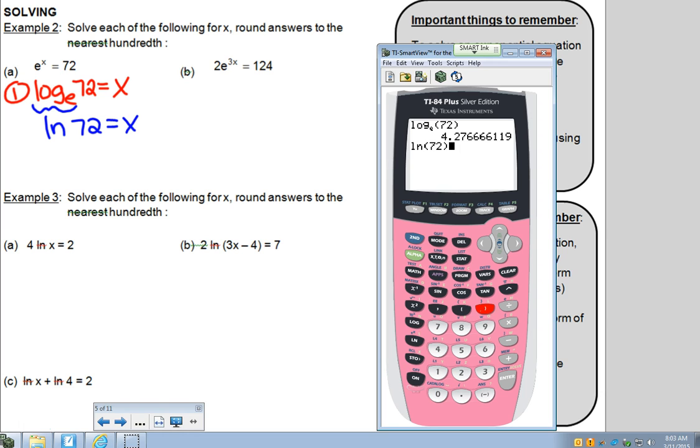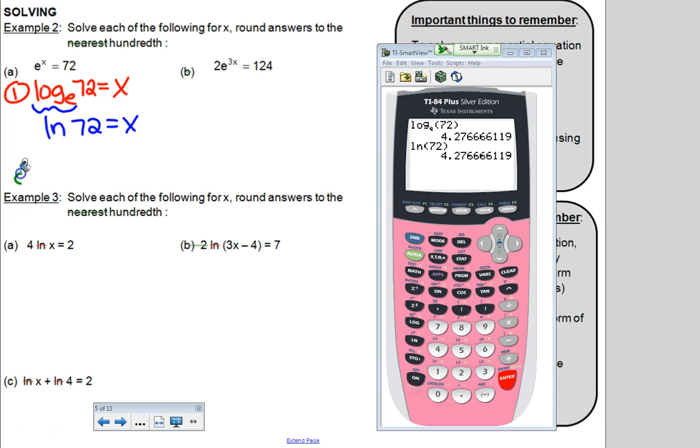It means log base e. And you get the same exact value. So whatever way you want to do it. But this is changing forms. That's what I mean by option 1. You can change forms and evaluate. Okay, so x equals 4, to the nearest hundredth, so 4.28.